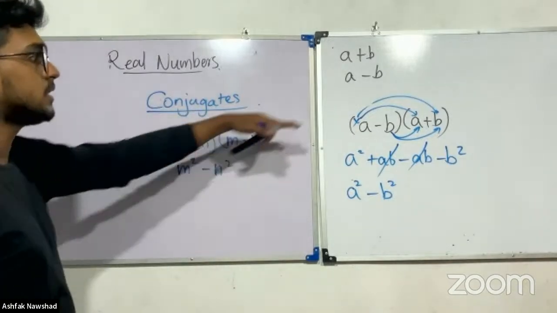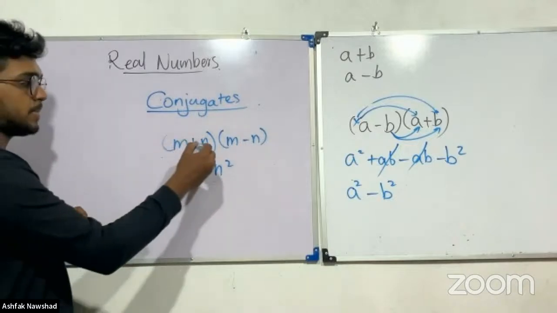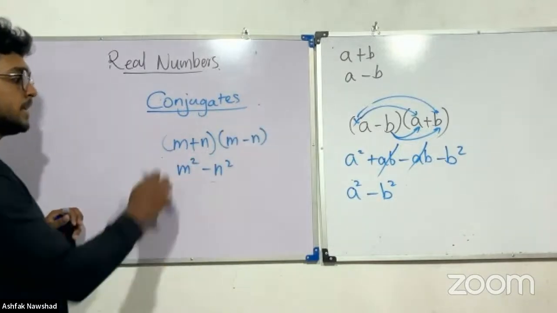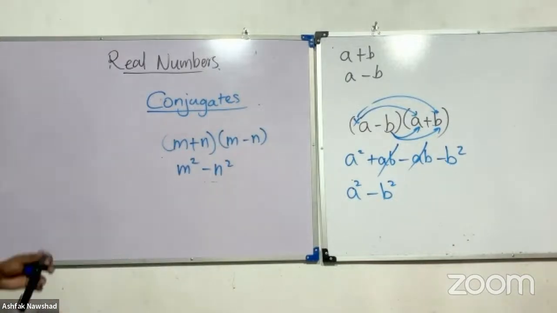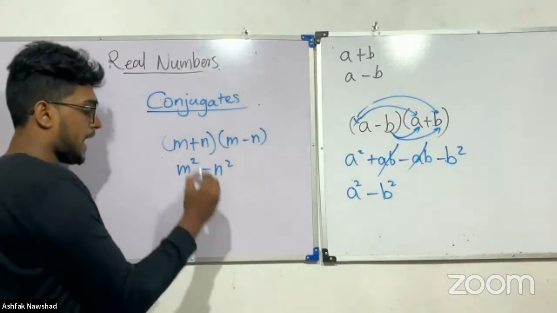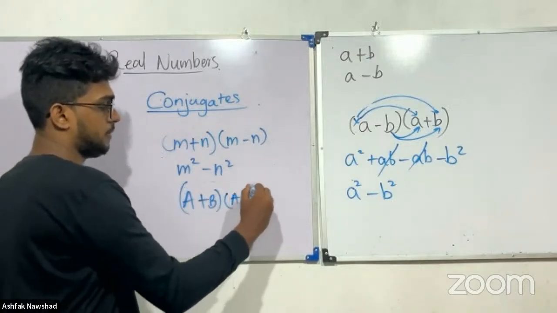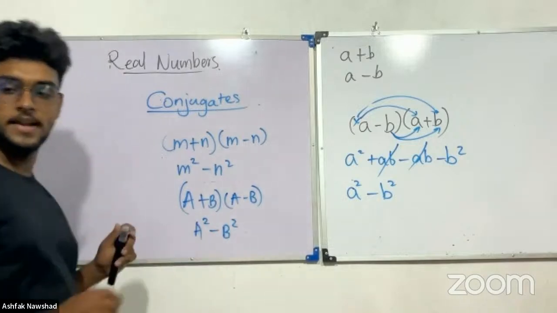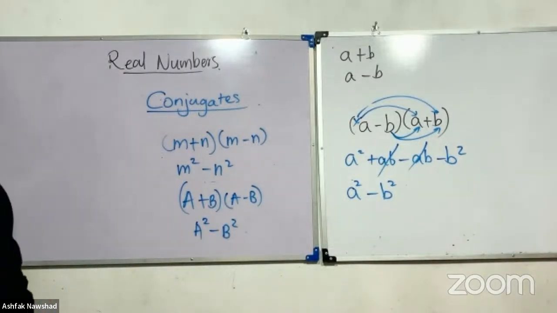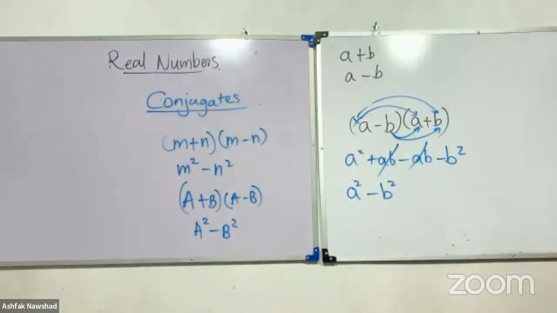You don't have to go on simplifying like this. You can directly use this in an exam. Always the middle is minus, that's why it's called a difference. I hope this is understood. This is a grade 10 part.